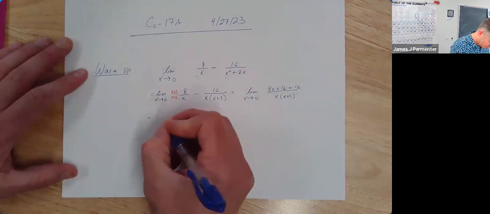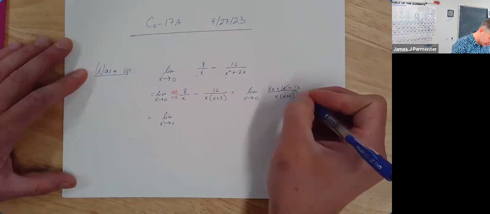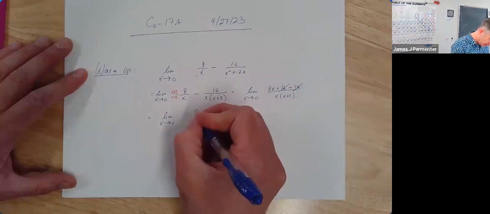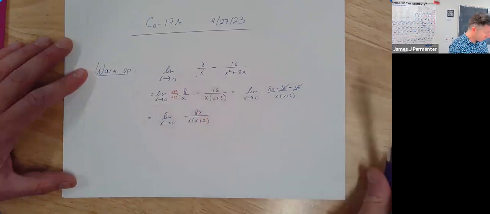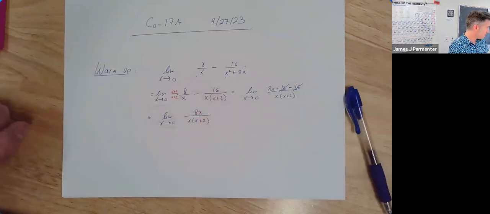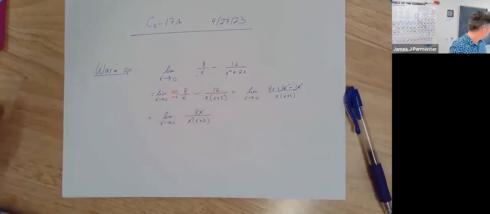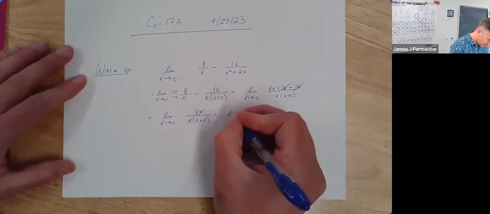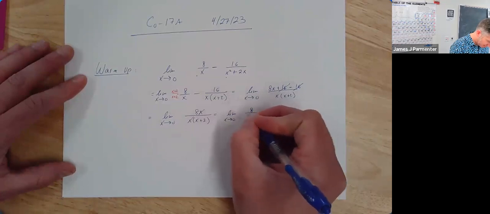Let's simplify. So obviously we should cancel the 16s. And then you have 8 times x over x times x plus 2. And then we can cancel one of those x's. So this 8x and this x here, the x's do cancel. And so then I'm left with the limit as x approaches 0 of just 8 over x plus 2.